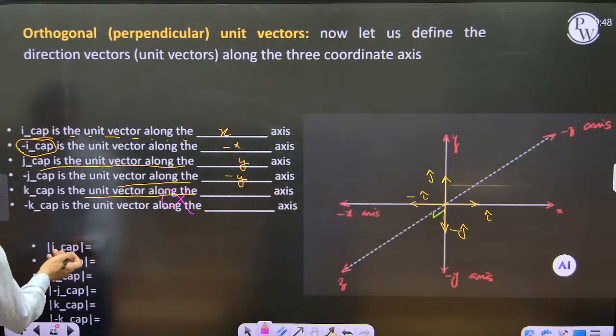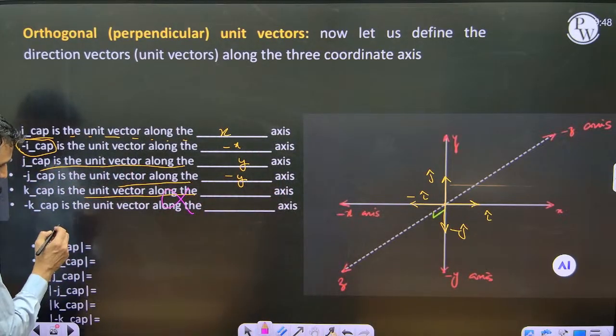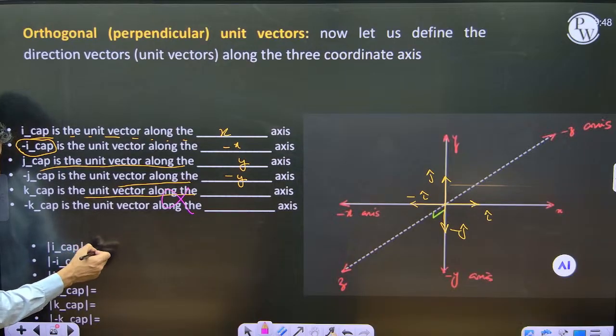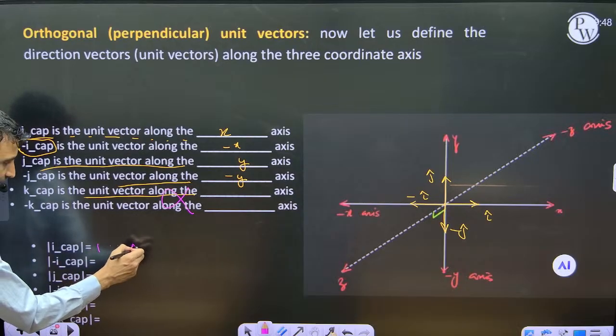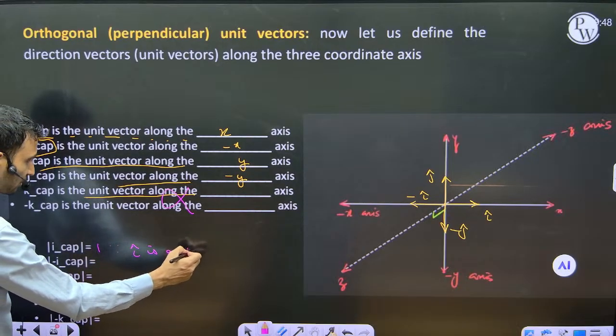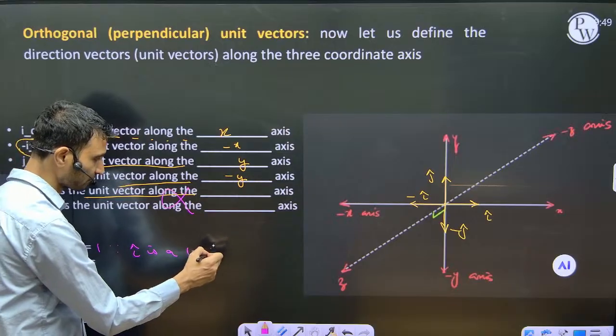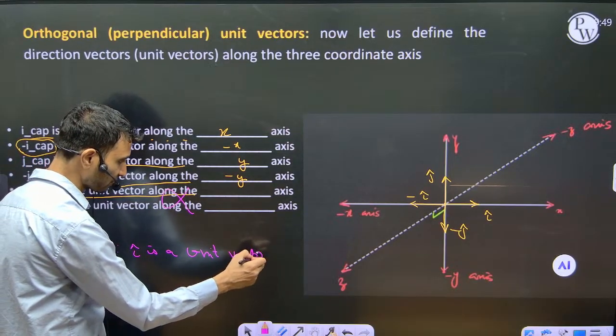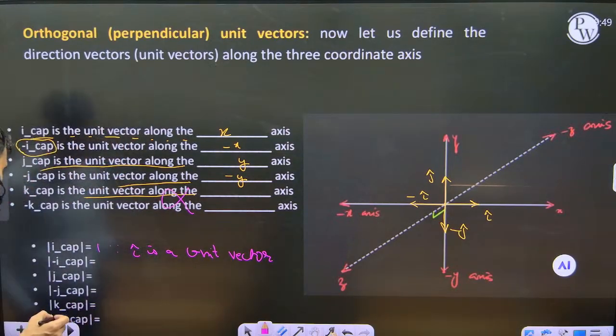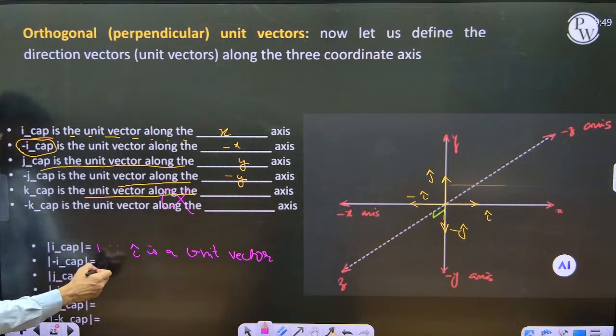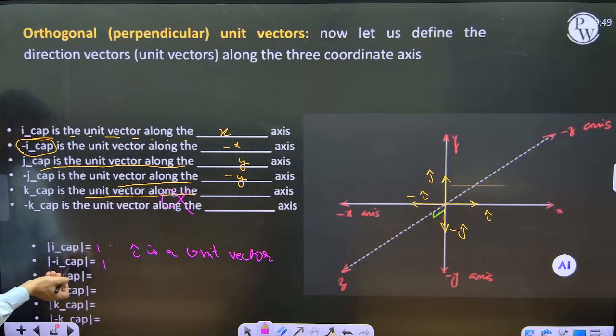What is the magnitude of I cap? That's equal to 1, since I cap is a unit vector. What about the magnitude of minus I cap? That's also equal to 1. Why? Because the minus will get cancelled, right? Because you're putting a modulus.